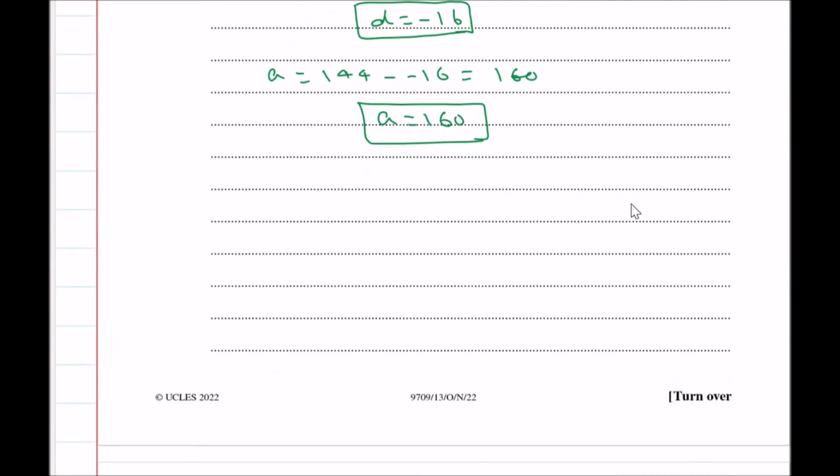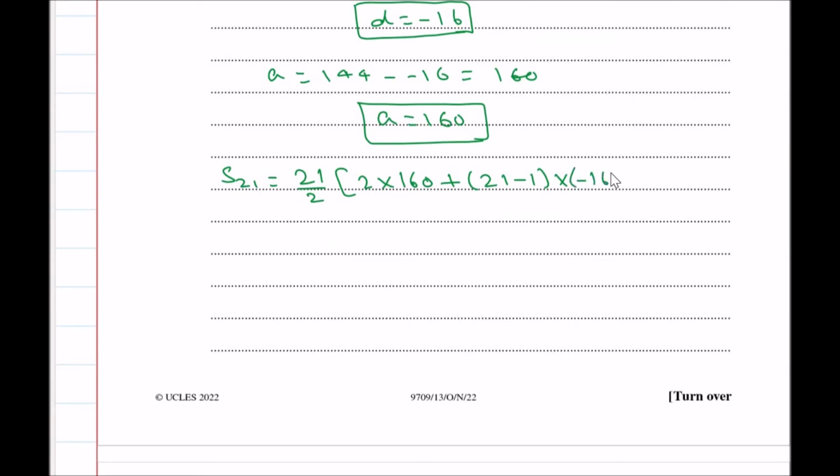Now we have to find the sum of 21 terms. The sum of the first 21 terms we have to find. So, yes, 21 by 2 into (2A plus (n minus 1) into D). 2A is 160, so 2 into 160, plus n minus 1 into D. N is 21, minus 1, into D. D is minus 16.